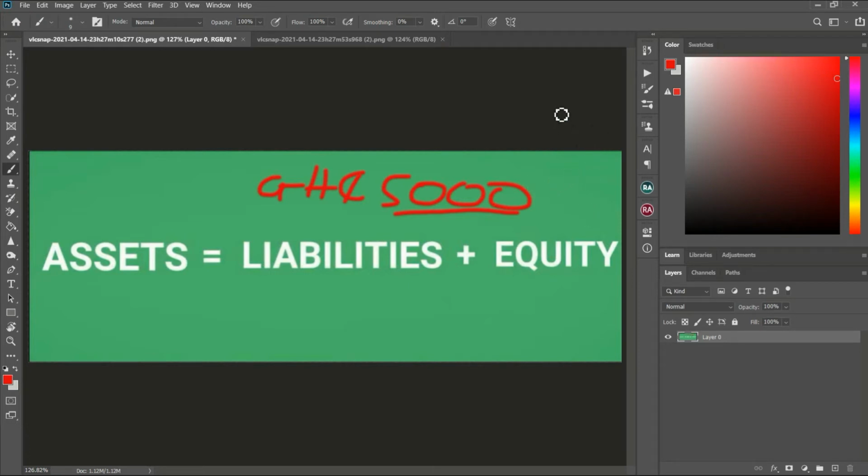You have 3,000 maybe in your savings somewhere. So that 3,000 becomes your equity. That 3,000 is money from your own pocket. Now you need 5,000, not 3,000, right? 5,000 will give you your dream salon business.